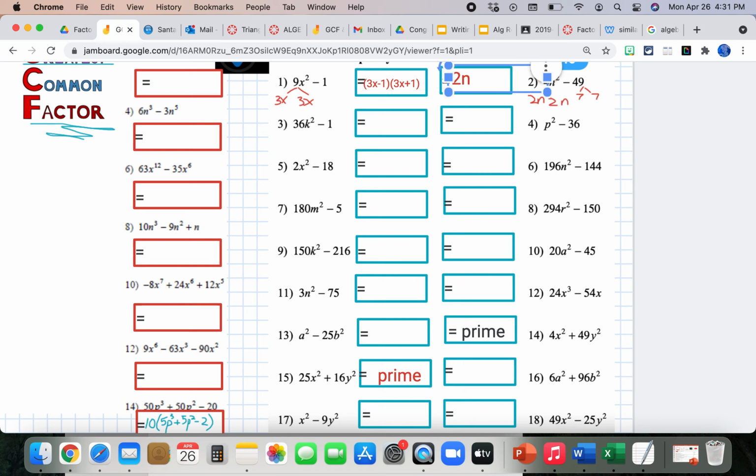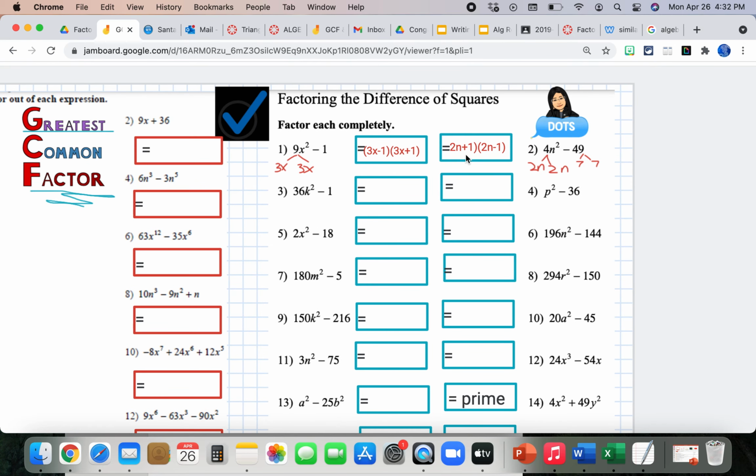2n. Okay, I put negative in the first one, so I'm going to try to put positive first in this one, just so you know it doesn't matter which one you put first. 2n minus 1. As long as the signs are different from each other, the middle terms cancel out. This is the answer we will get for the second problem.